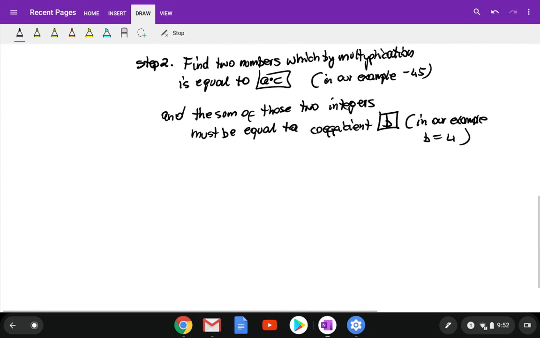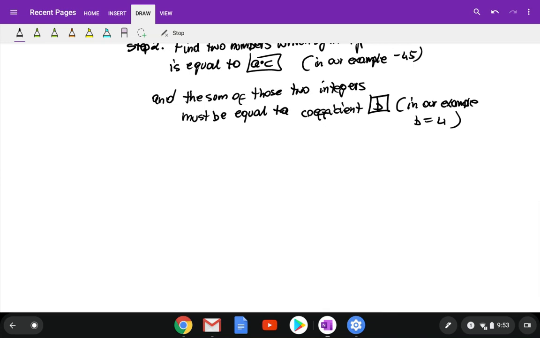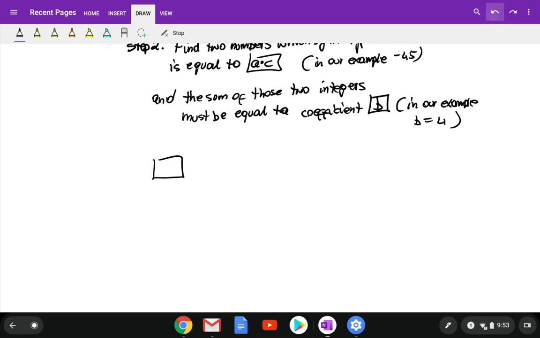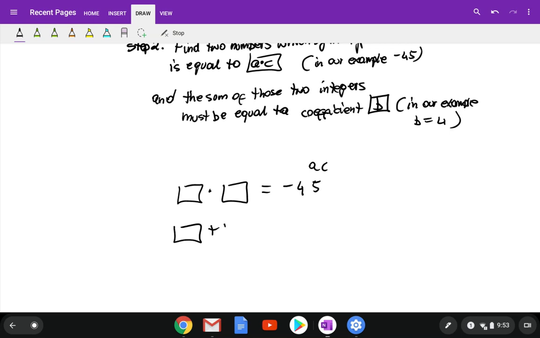So let's talk about it. We need to find two numbers which by multiplication are equal to AC, which is negative 45, and the same two integers which by addition give you B, which was equal to 4.